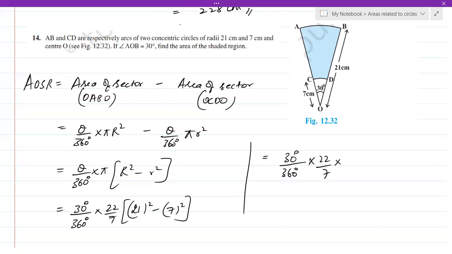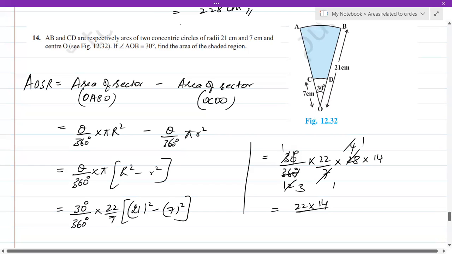A square minus b square is a plus b, a minus b. So 21 plus 7 is 28. 21 minus 7 is 14. So here we can cancel 7 ones are 7, 4s are 0, 0 gets cancelled. 3 1s are 3, 12s are. So 4 1s are again 4, 3s are. So we are left with 22 into 14 divided by 3.